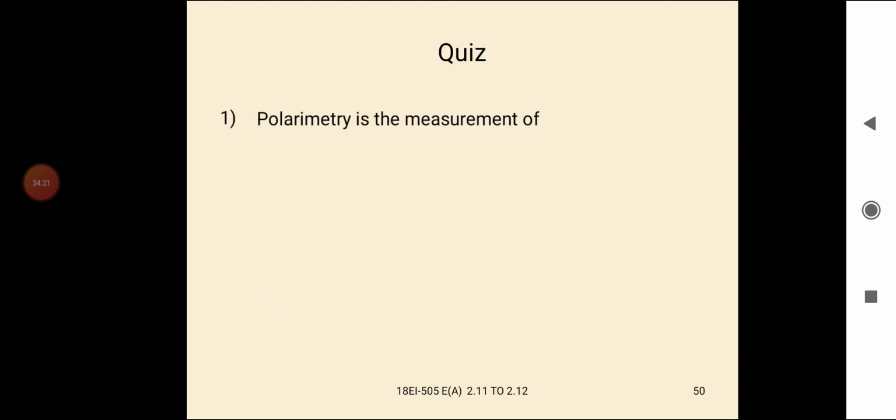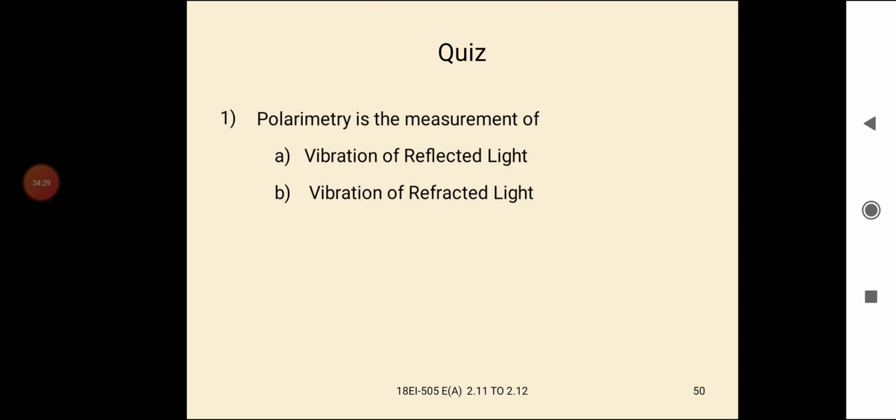Quiz. Question 1. Polarimetry is measurement of vibration of: reflected light, refracted light, polarized light, none of the above. Polarimetry is a measurement of polarized light, so C is the correct answer.